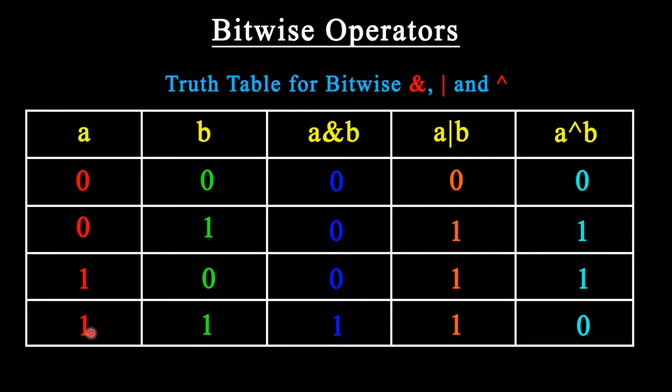And if the value of A is 1 and the value of B is 1, it will give us 0. So in this case, A bitwise exclusive OR B means 0 0 will give us 0, 0 1 will give us 1, 1 0 will give us 1, and 1 1 will give us 0. So this is the truth table for all the bitwise operators.